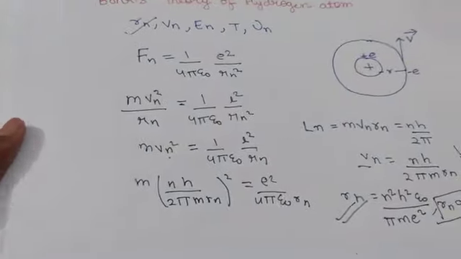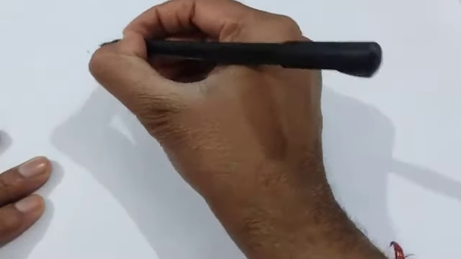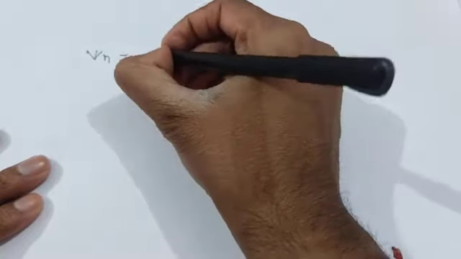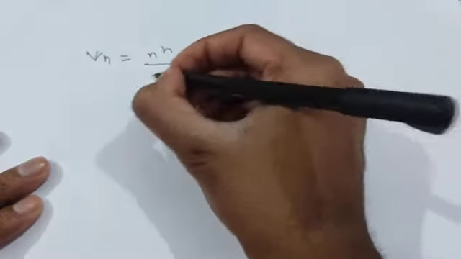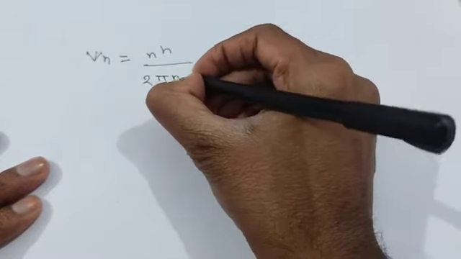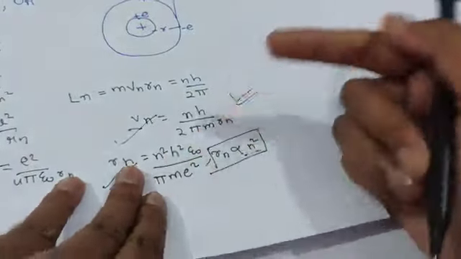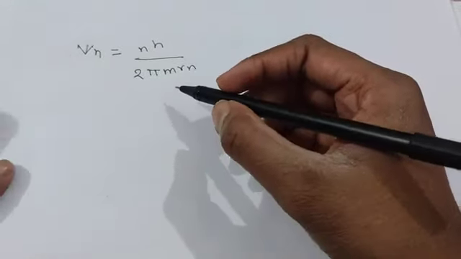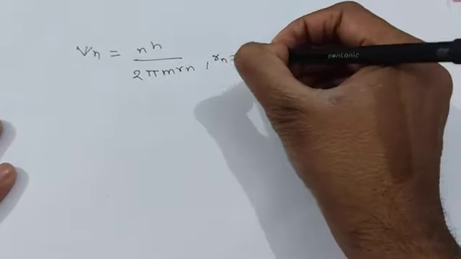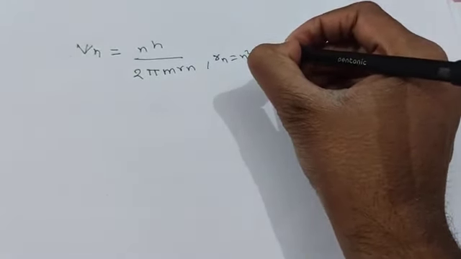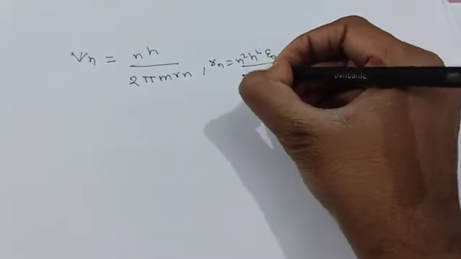Now we'll go to find the vn. For finding vn, we already have vn equal to nh divided by 2 pi m rn. Where does this formula come from? It comes from the angular momentum relation. Now we will put the rn value. rn is equal to n square h square epsilon naught divided by pi m e square.